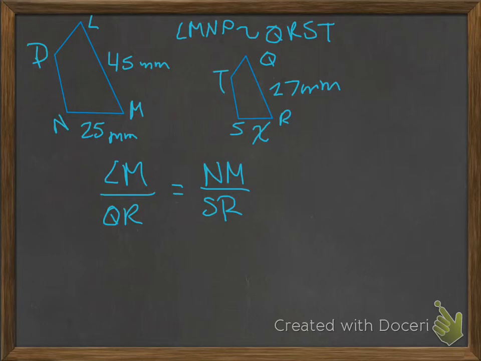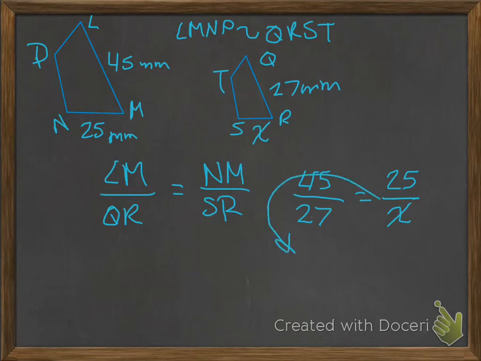So that's how we're going to start it. We're just going to substitute in 45 over 27, and that's going to be equal to 25 over x. You can use your cross products to solve. So 45x, and then 27 times 25.